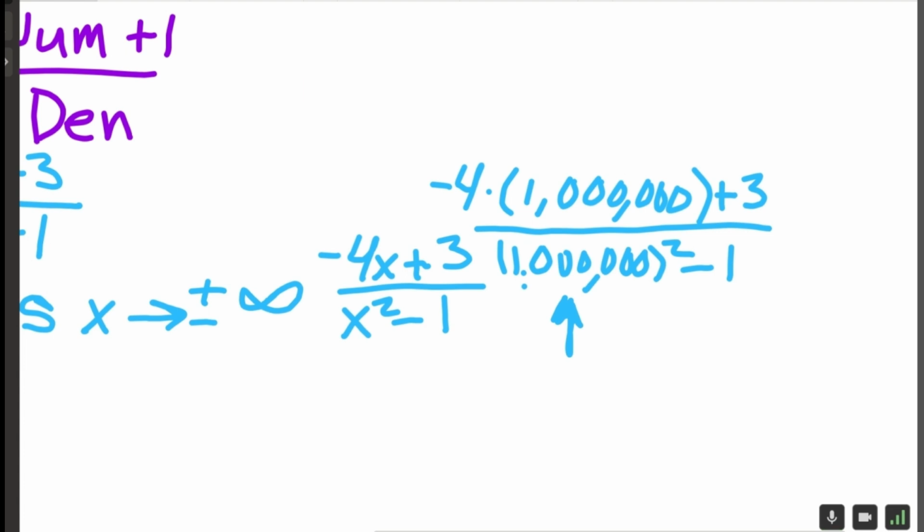So you have a fairly sizable number over a really sizable number. In general, what would we say the behavior is? If I have a really high number in the denominator compared to the numerator, it's going to be 0. You divide something by a really big number, much bigger than the numerator, and it's going to 0.